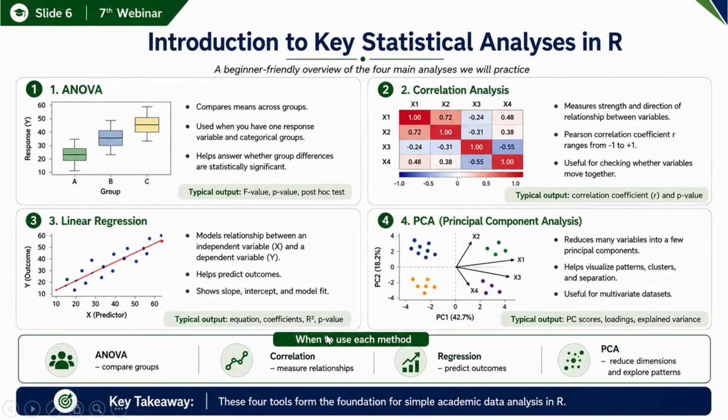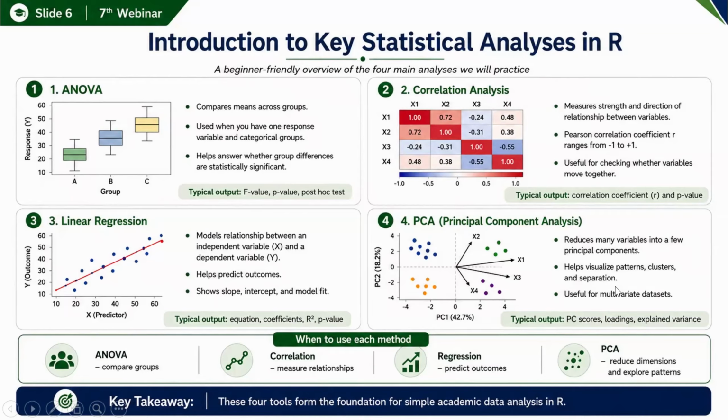So when do you use each of these analyses? When you want to compare groups, you use ANOVA. When you want to measure relationship, you use correlation. When you want to predict an outcome, you use regression. And when you want to reduce dimension and explore patterns, you can use PCA.